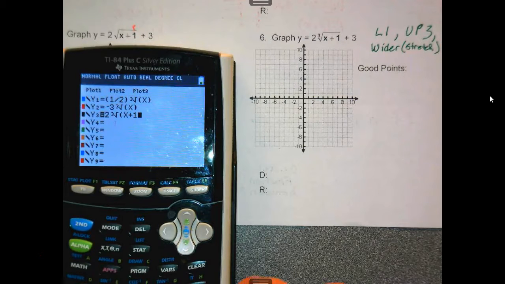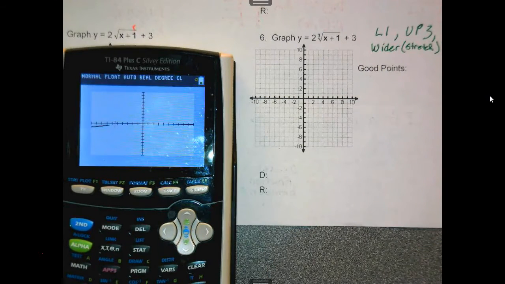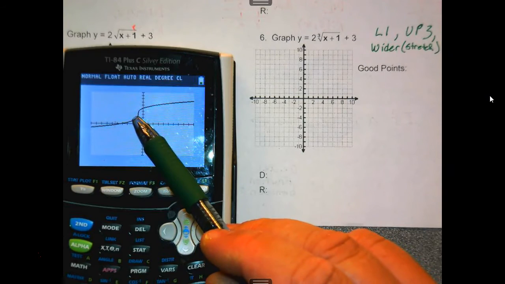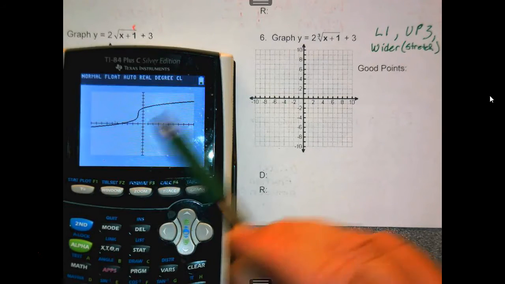Have to close the parenthesis. Then I'm going to add 3 to the outside of our mathematical symbol. With me? Wait for it. Graph it. Okay, so it shifted left 1, up 3, and it made it a little wider.